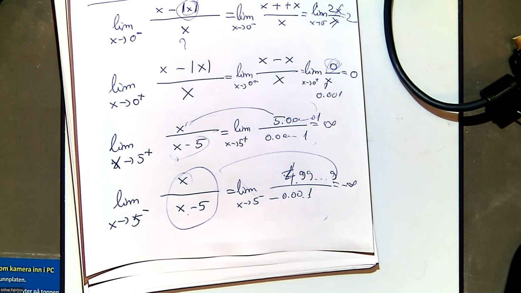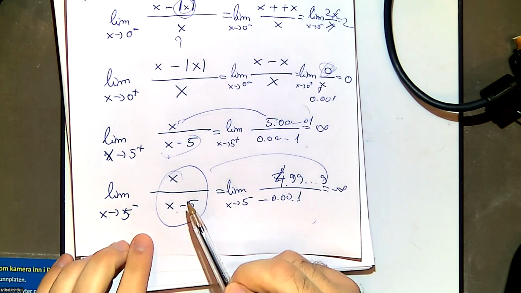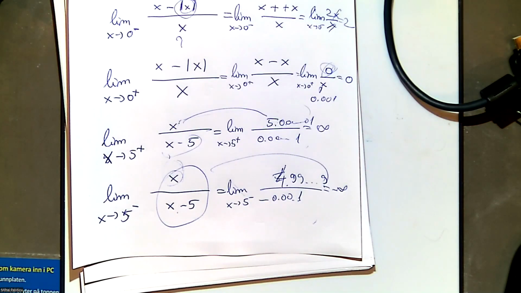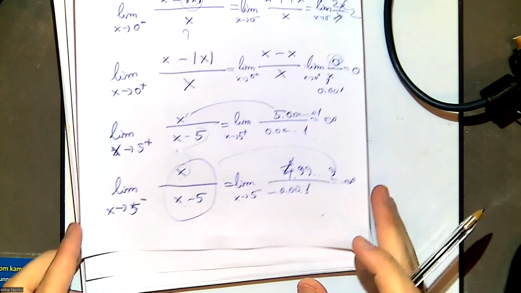Okay. So in this case, what was it? It was just a constant over 0. Okay. Like, you don't need to prove to me that that is infinity. I understand that. It makes sense to me.